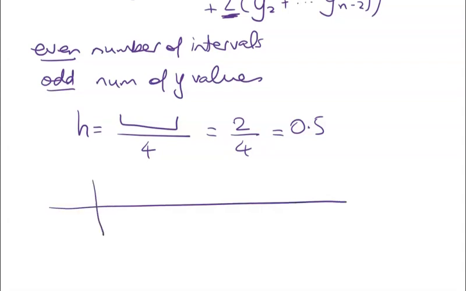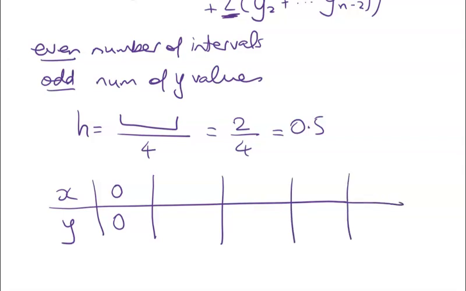And it's usually easiest to do this in a table. If you've got the big New Lake book, I remember from a few years back that they do this really well with kind of showing you which ones are going to be times by 4 and which ones are going to be times by 2. Okay, so you can do this quickly using your graphics calculator in the exam to get these values.